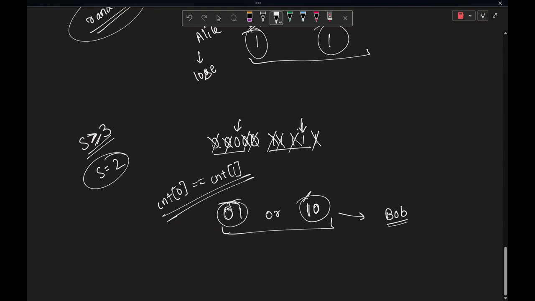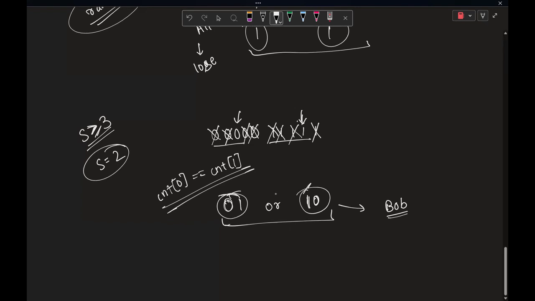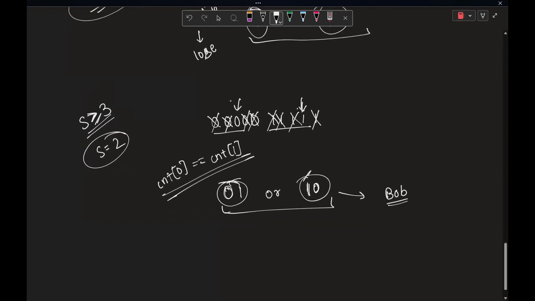Alice is not the one to decide. It does not really matter whether Alice is choosing 0 or 1. Bob is doing it, and the reason he is doing it is because he wants either 0 1 or 1 0 to be the remaining string.